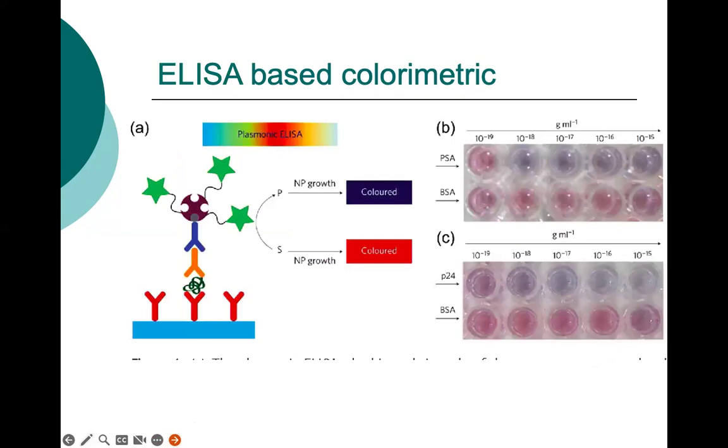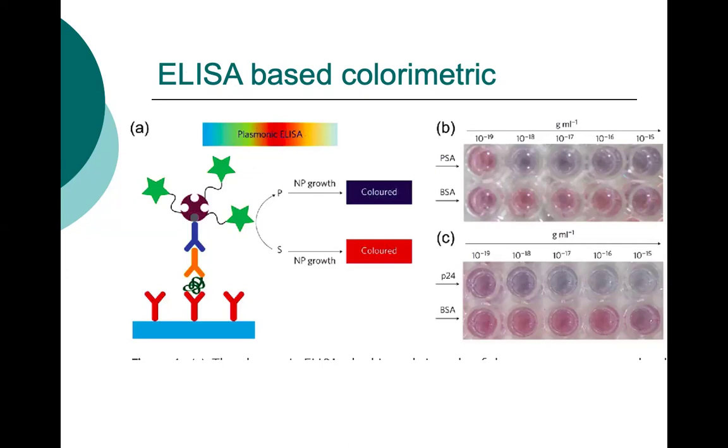Okay, this is another example of color-based reaction. ELISA, the full name is enzyme-linked immunoassay. It is an immunoassay and it is based on antibody. We have discussed a lot about antibody structure and how it has the specificity towards the analyte.